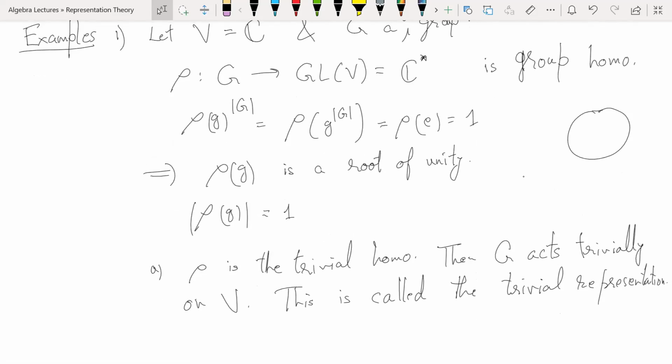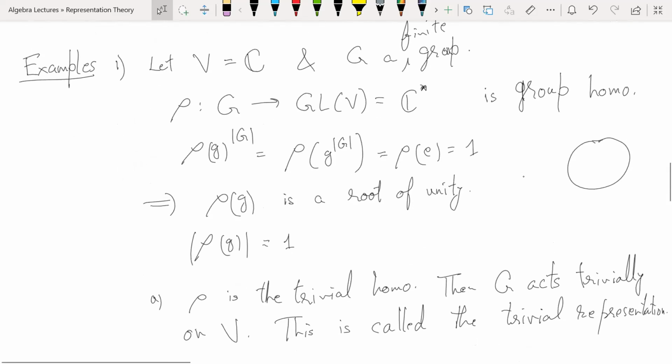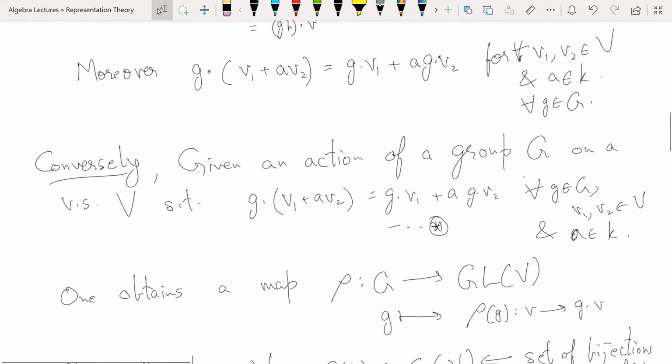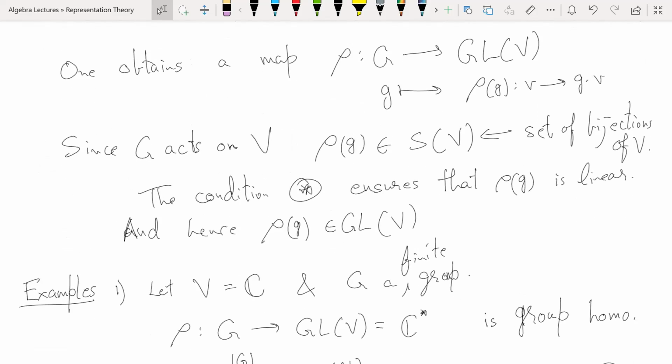Sir, what are you exactly referring to when you say representation? Is it phi or rho? It's the map rho. Representation means a group homomorphism from G to GLV, which also determines an action of G on V. So you can think of it as a linear action of G on V, or as a group homomorphism.